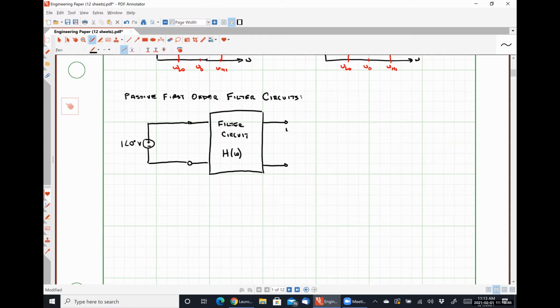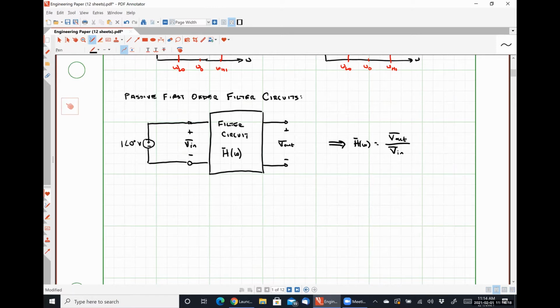And then we're going to measure some output phasor voltage. H of omega, and it's going to be a complex number, is simply going to be the ratio of the phasor output voltage divided by the phasor input voltage.